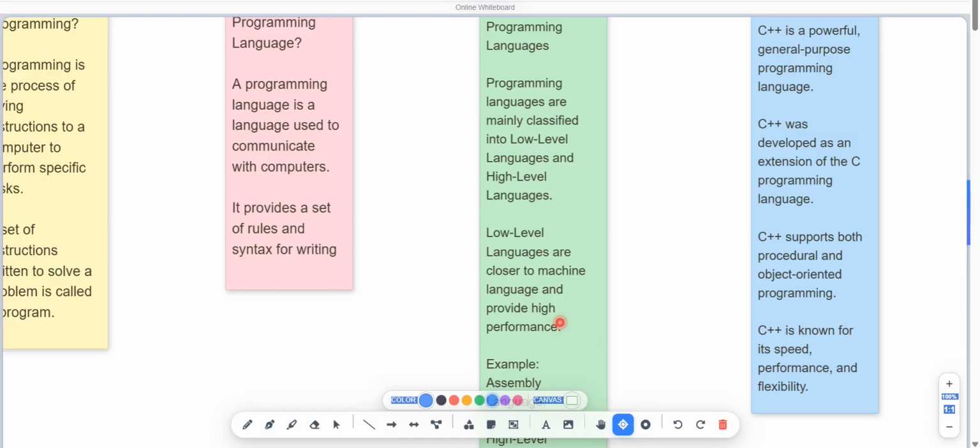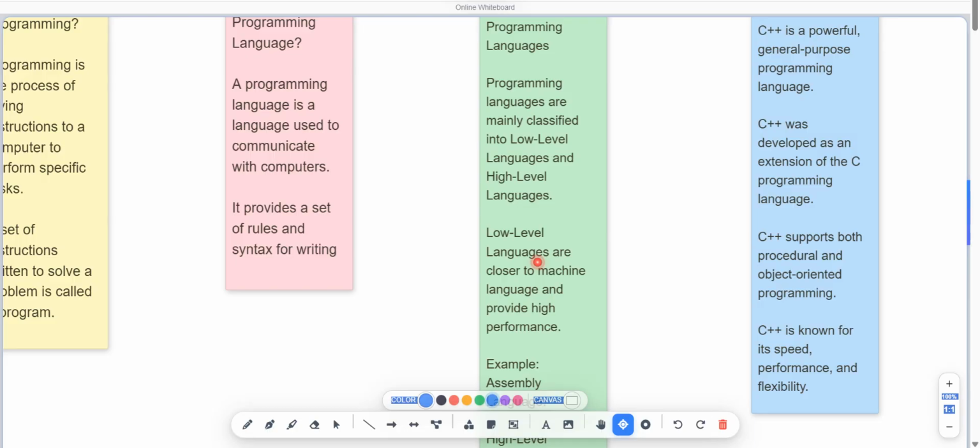Higher level language means the language which is understandable by humans. It is not understandable by the systems. The systems understand only lower level language. The higher level language is understandable by us, but the systems can't understand it, and we can't understand the lower level language.